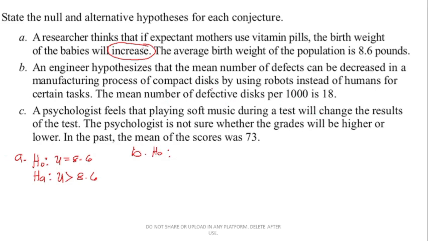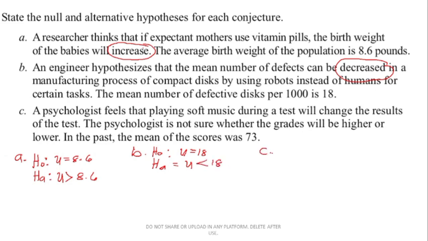And our alternative hypothesis, take note that we have the word decrease here, so this is a left-tailed test. That would be the mean number of defective discs is lesser than 18.